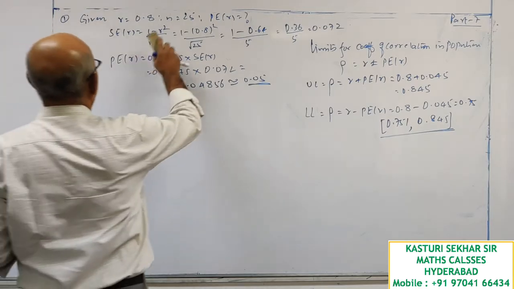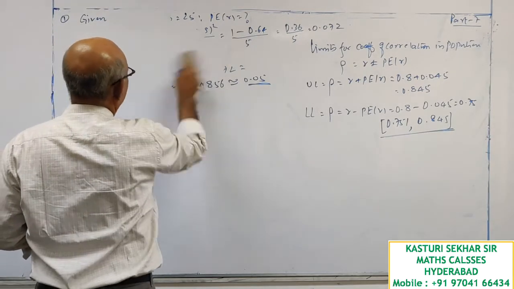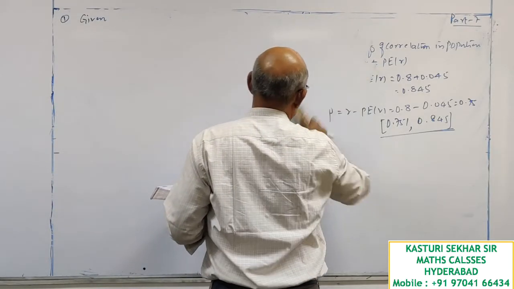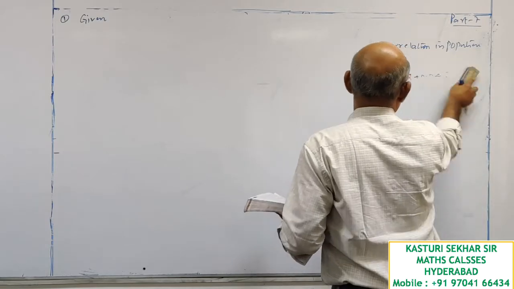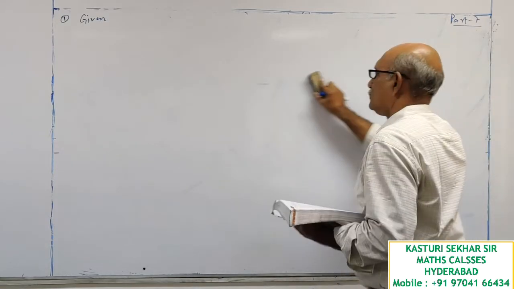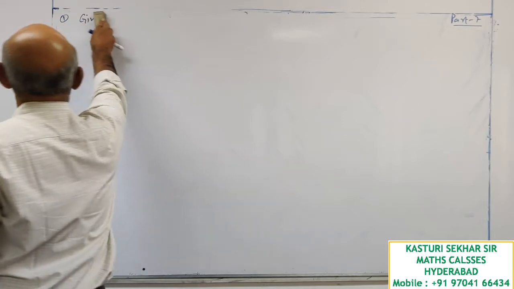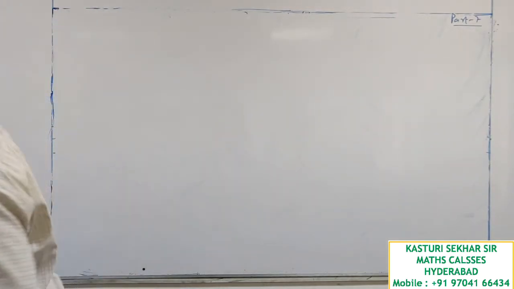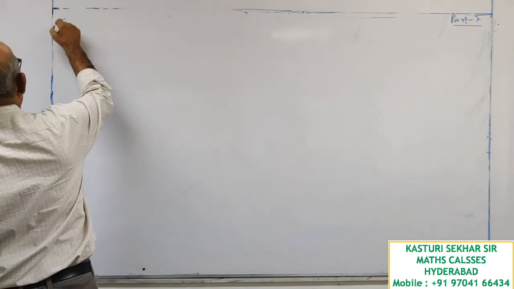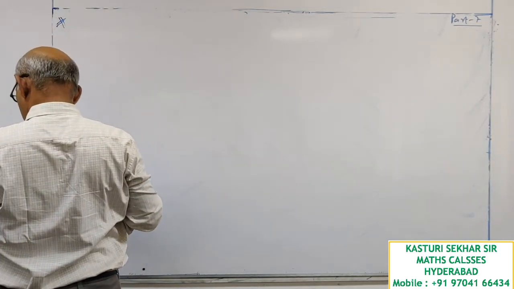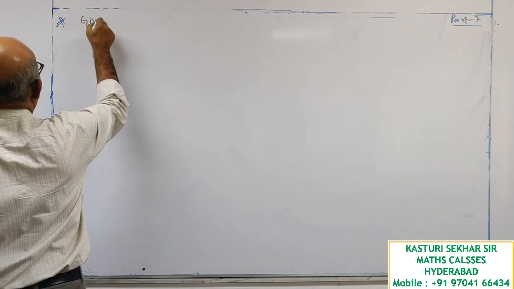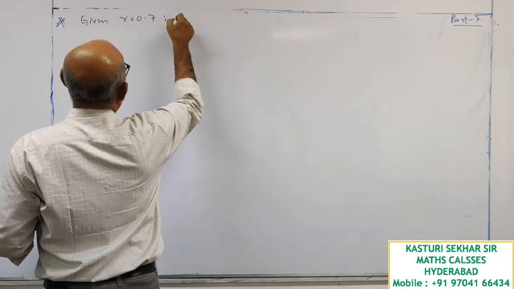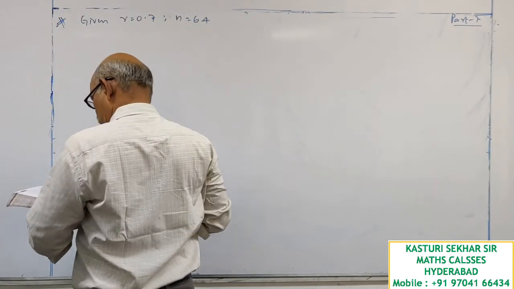Let us see one more question. Given r is equal to 0.7, n is equal to 64.